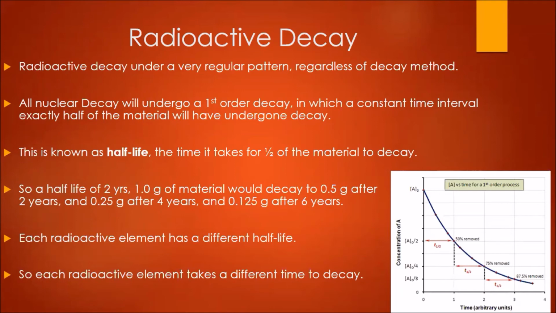There's not a way to really make this go faster. You just let it sit, and it's going to keep going half and half and half under that same period of time. Of course, each radioactive element will have its different half-life, but it's all going to be first order decay no matter what.